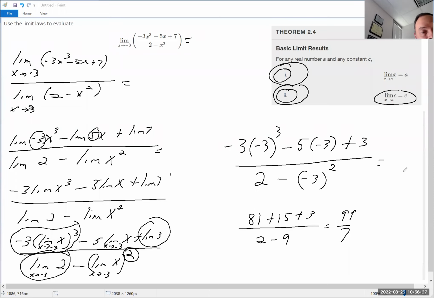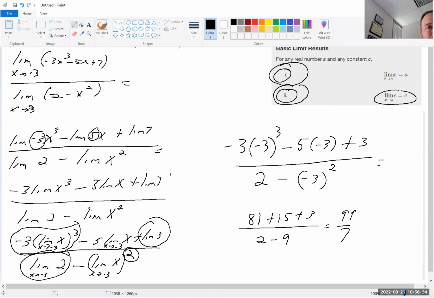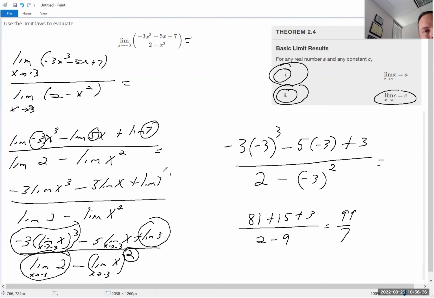Okay, and so I did find one mistake, and somehow this limit 7 with my poor handwriting became a 3, but it's a 7. So this is a 7. That's a 7.